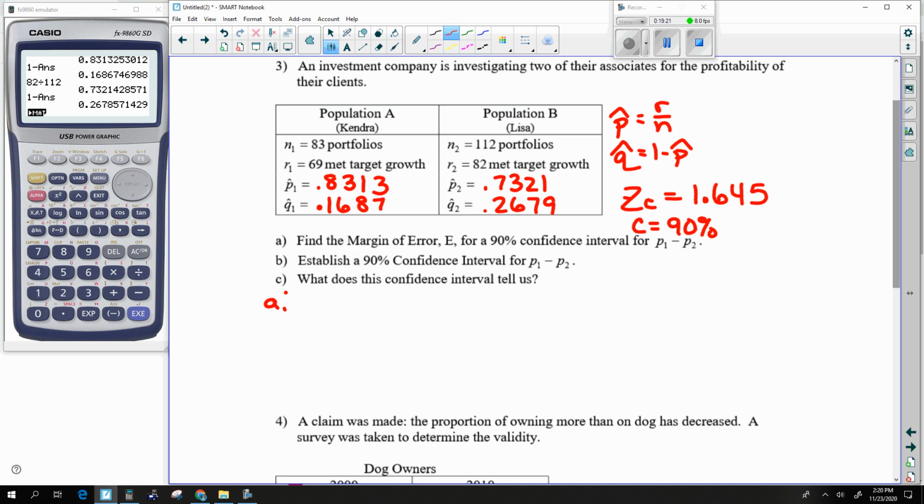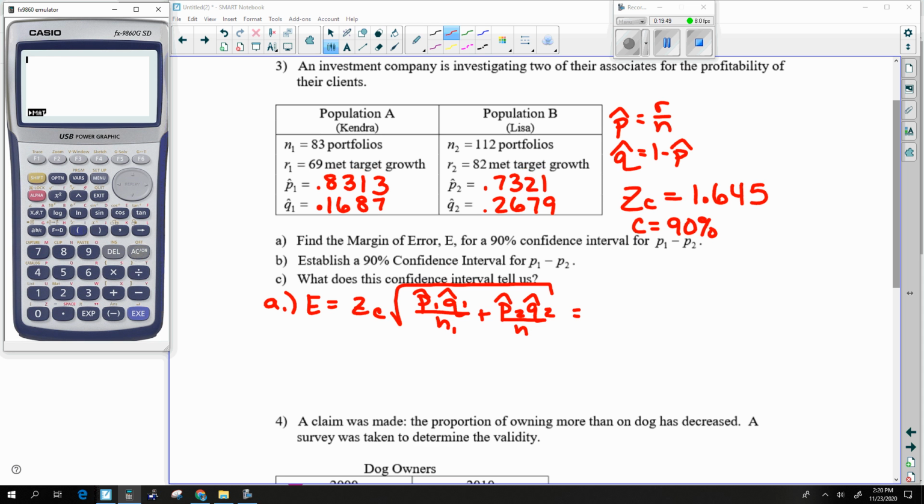So the first question is asking for the margin of error, which is E. Again, this is going to be p hat 1, q hat 1 divided by n1 plus p hat 2, q hat 2 divided by n2 square rooted. Okay, so again, just follow the formula.